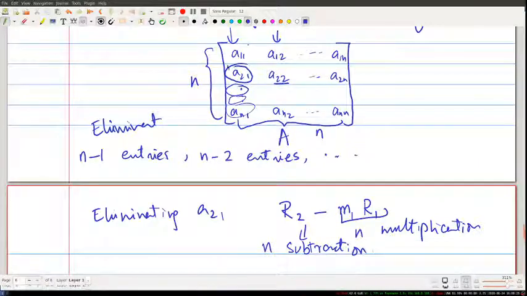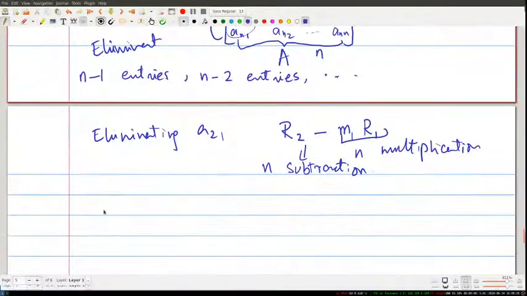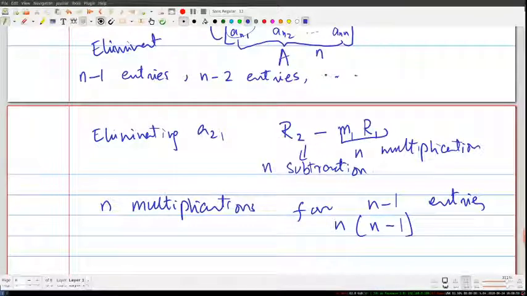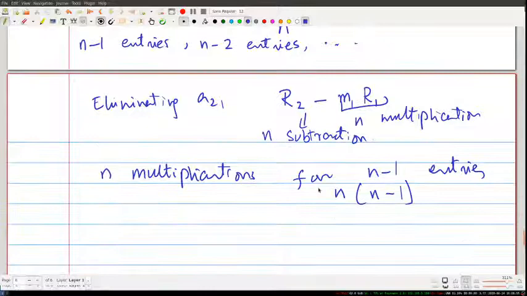So n multiplications and n subtractions happen for one row, which means when you eliminate all of these entries, you're doing n multiplications for n minus 1 entries. So you get something like n times n minus 1. Let's count this n subtraction and n multiplication as one step. So what you get is essentially n squared minus n operations.